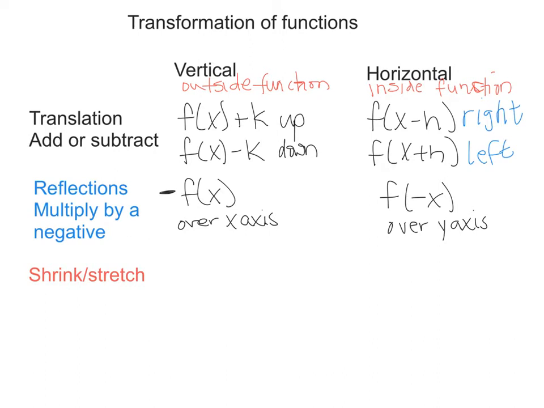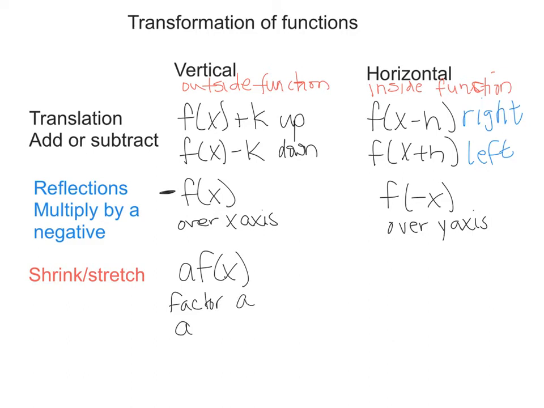So for the vertical, we said everything happens on the outside, right? So we multiply by a on the outside, a times f of x. A is the factor, so we say vertical stretch factor of a.